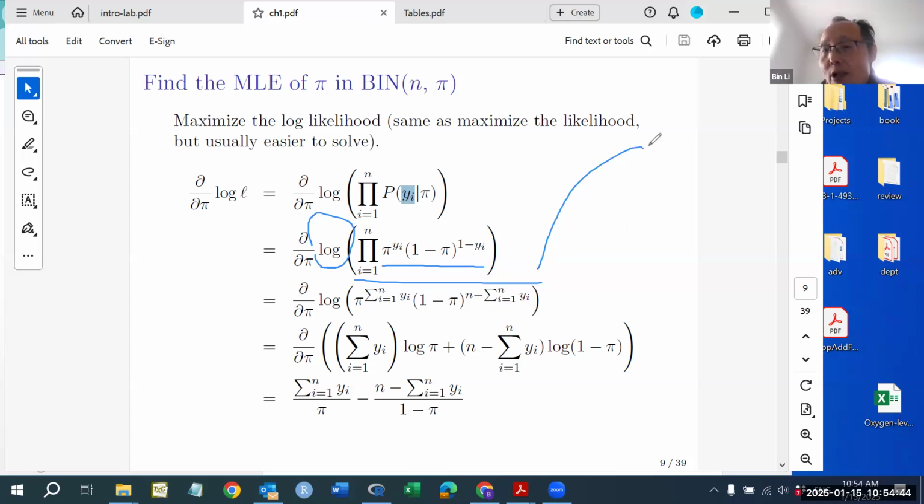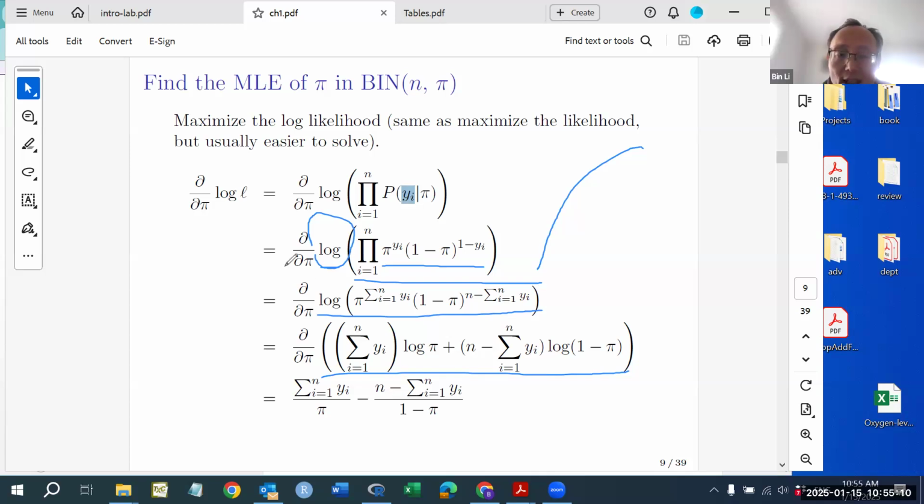If it's a monotonic transformation, then the MLE will not change. Is that right? So that's why taking a log is safe and also convenient. It simplifies. Okay, so we take a log, then it becomes summation. So after we take the log, this can be simplified to this one. Okay, just some very simple mathematics.